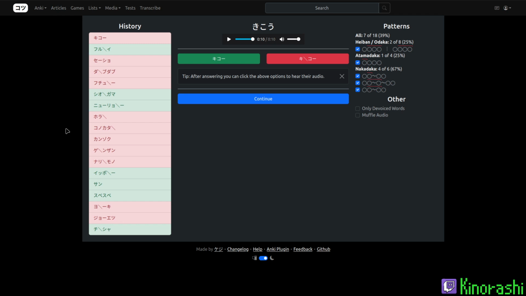When a word that originally has a low pitch on the first mora, such as a Nakadaka or Heiban word, follows a mora with a high pitch, the pitch remains high on the first mora of the word.